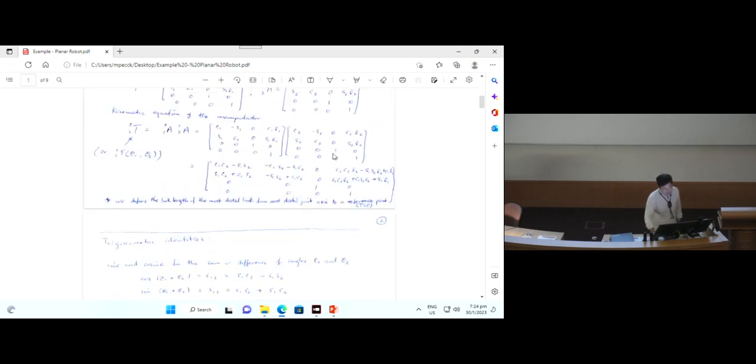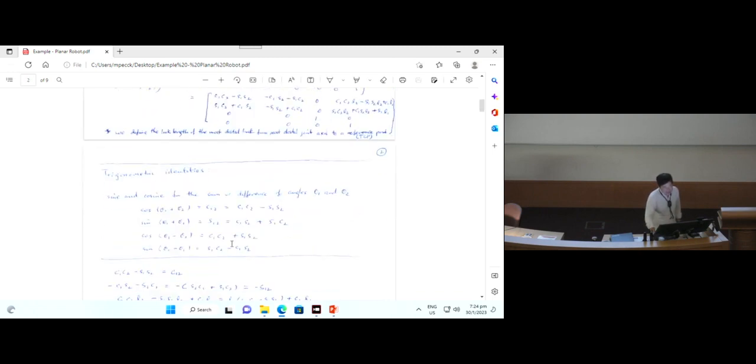So for example, if you did the multiplication and so on, you come across a C12. So C12 actually implies cosine of theta 1 plus theta 2. C12 is equal to C1 C2 minus S1 S2. Cosine of theta 1 plus theta 2 is equal to cosine theta 1 times cosine theta 2 minus sine theta 1 sine theta 2.